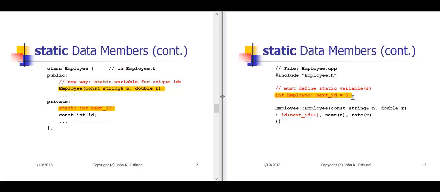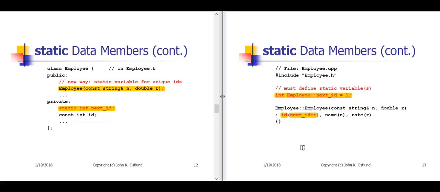Then notice how we've modified our constructor to make use of this nextID variable. Instead of initializing the ID data member for an employee object with an argument that's passed into the employee constructor, we're initializing the ID data member from the nextID static data member.